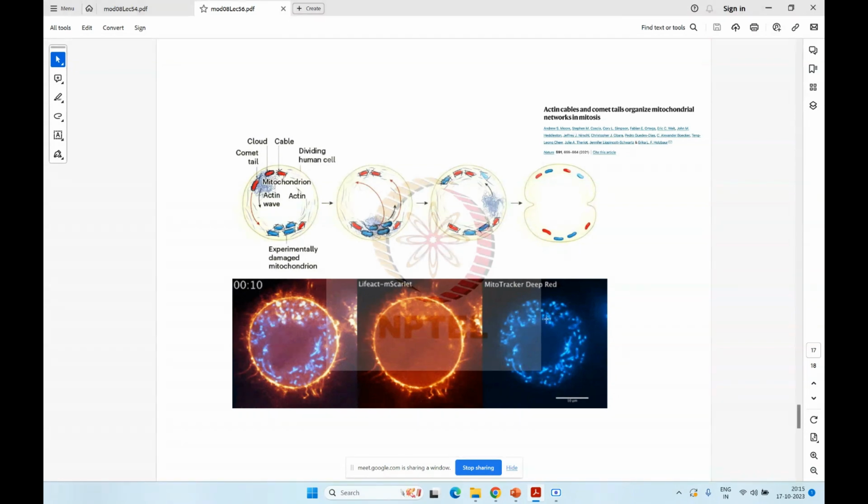MitoTracker basically helps you track the mitochondria present throughout the cell.